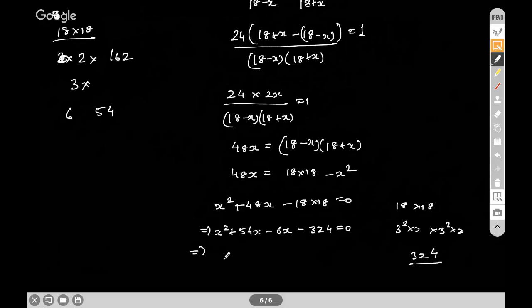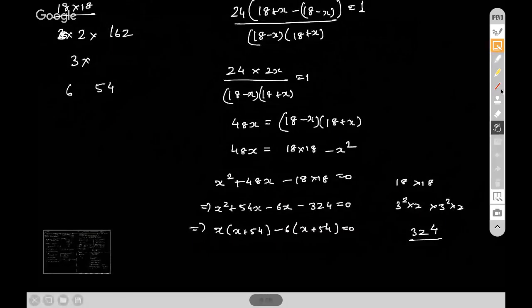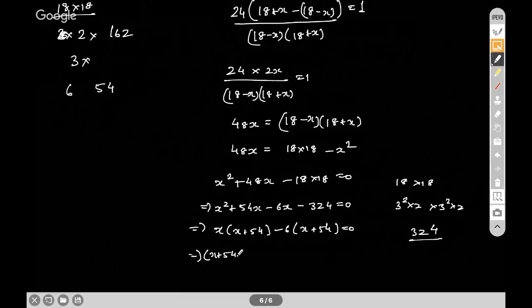So this implies x into x plus 54 minus 6 times x plus 54 equals 0. So this is nothing but x plus 54 and x minus 6 equals 0.